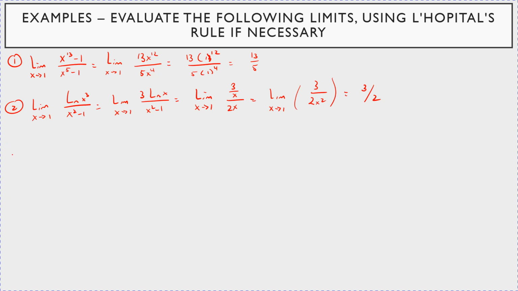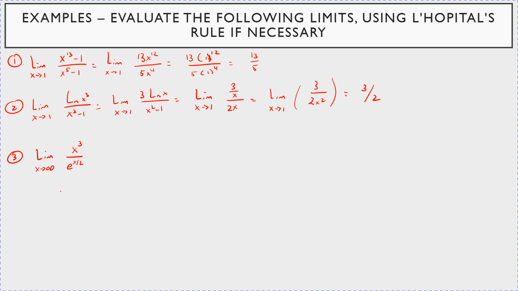All right, now let's try this one. Let's look at the limit as x goes to infinity. So now we're looking at an infinite limit here of x cubed all over e to the x divided by 2.